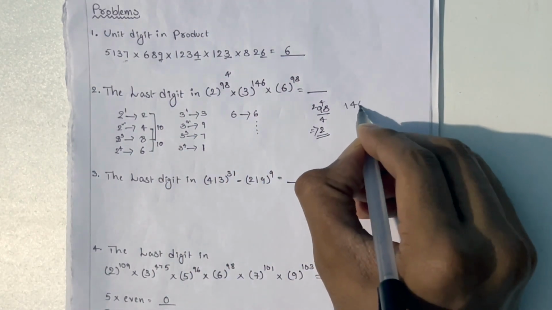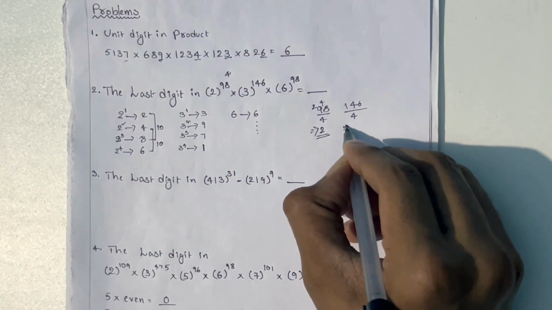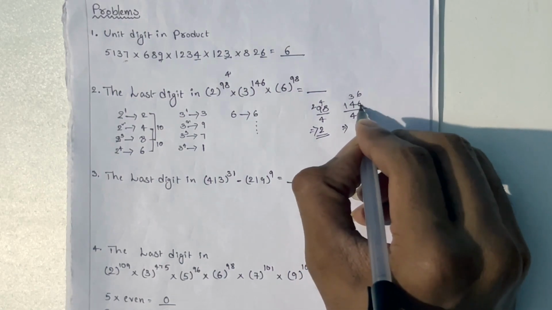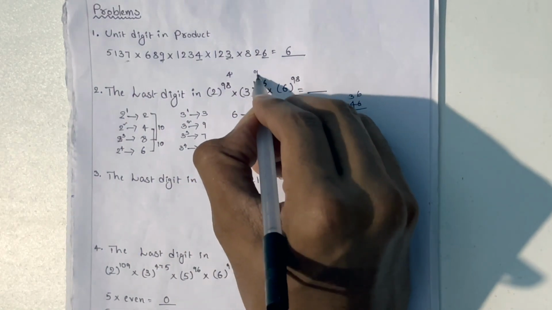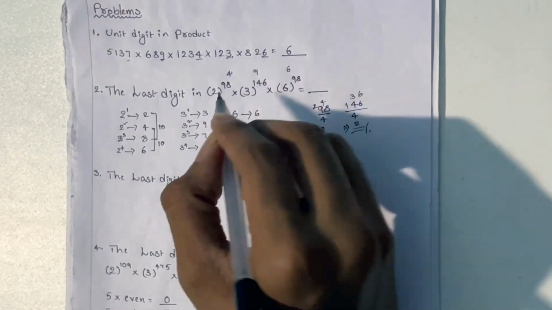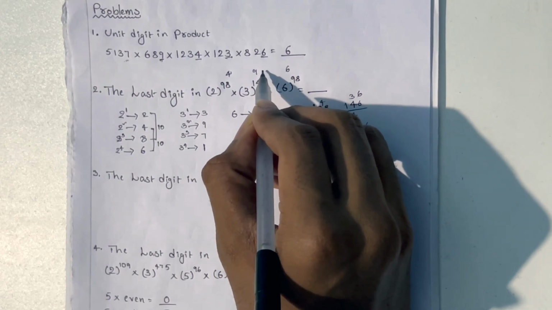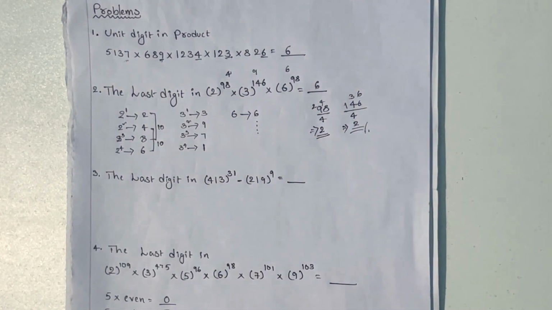For 146, here also there are 4 possibilities, so I divide by 4. 4 threes are 12, 4 sixes are 24, and here also the remainder is 2. We get 9 over here and 6 over here. After multiplying, 4 nines are 36, and we take the last digit only. 6 sixes are 36, and 6 is the answer.